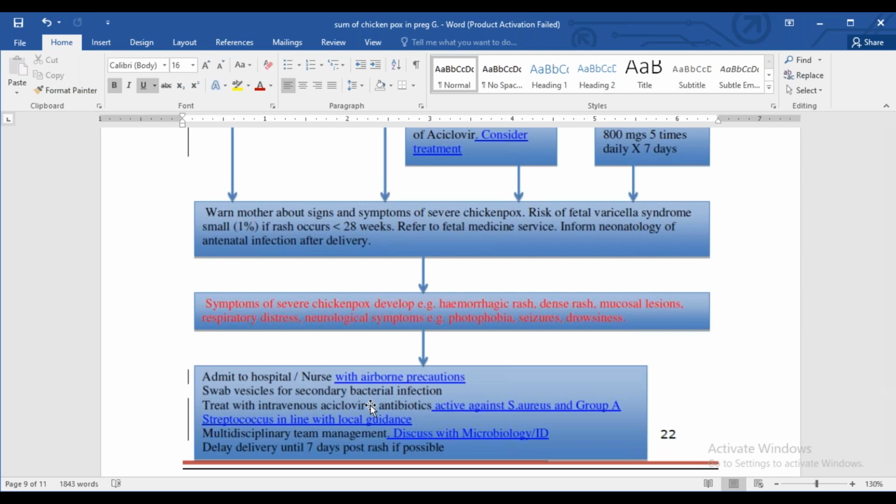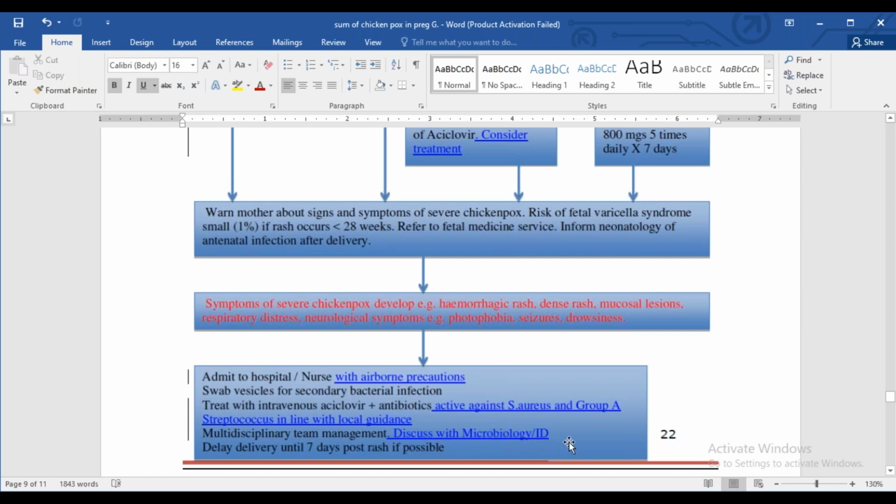If she's less than 20 weeks, discuss and consider the treatment with the patient. Here they stated we are going to add antibiotics to avoid bacterial infections. MDT management is a must. You have to discuss with microbiology or infectious disease.